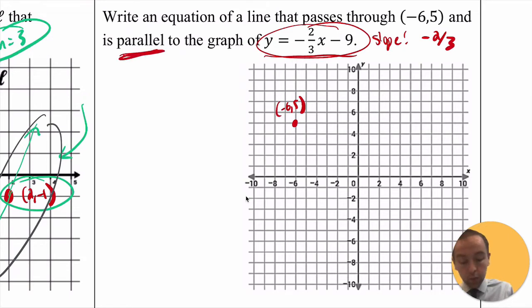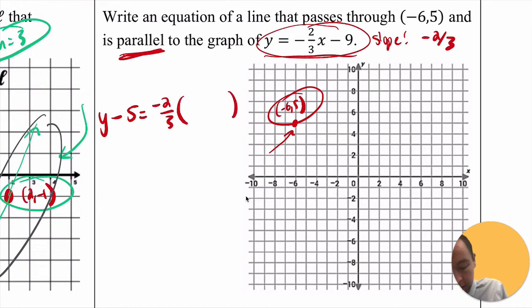And because we want to be parallel, we'd also want the line going through this point to have that same slope of -2/3. So we know a point on the line we want to write an equation for, as well as its slope of -2/3. Here again, we can write this in point-slope form and say that y minus the y coordinate is going to be equal to the slope times the quantity of x minus the x coordinate, using that known point and slope.